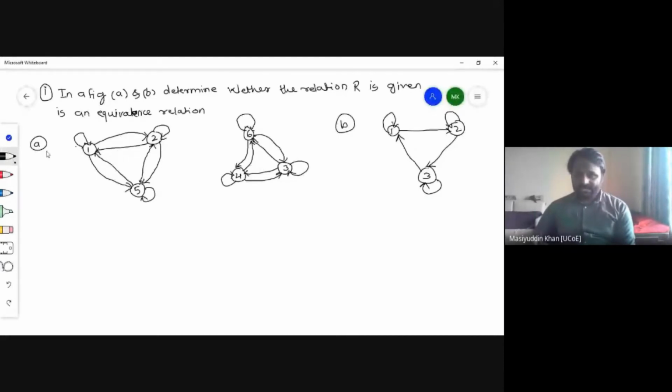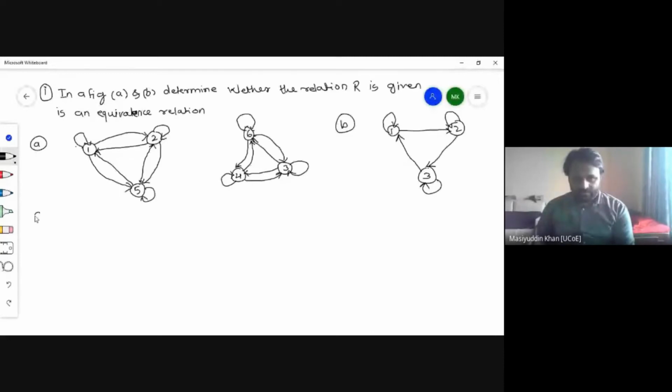A and B, because in A there are two diagrams, this part and this part. So obviously we have to define these two diagrams separately, not in continuous positions, as this is not the same diagram. These are two different diagrams. So one by one I'm solving the first one.